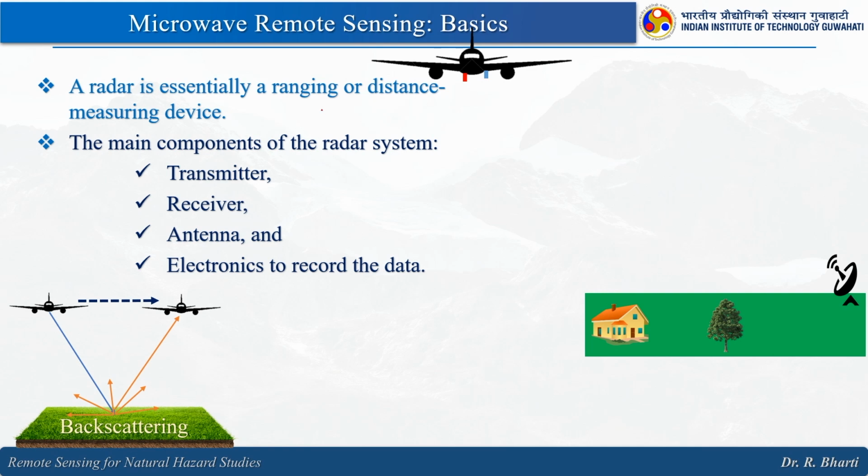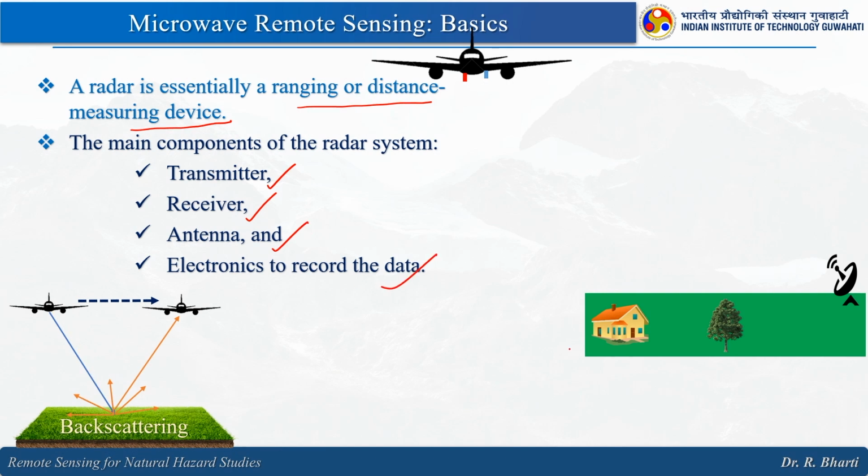A radar is essentially a ranging or distance measuring device. The main components of the radar system are the transmitter, receiver, antenna and electronics to record the data.